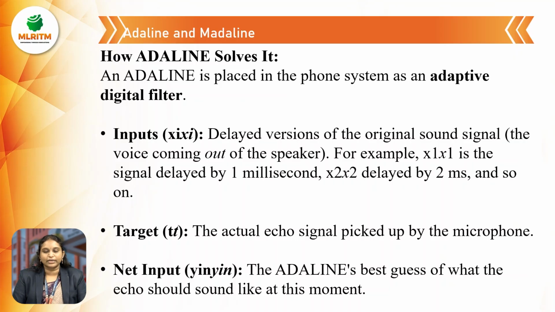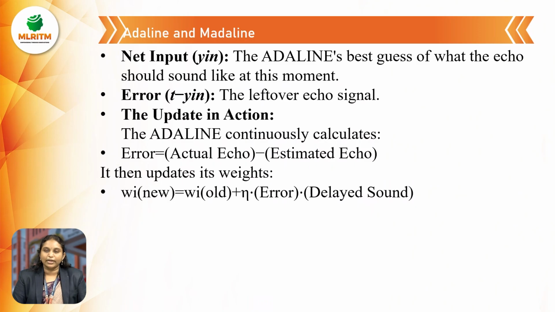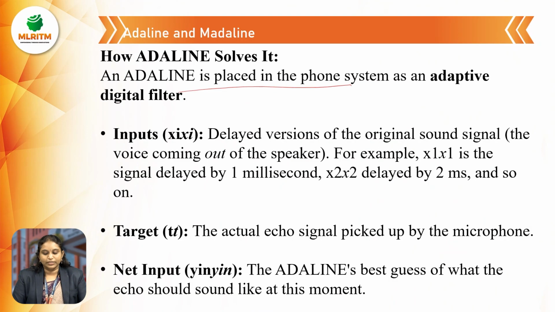How is ADALINE going to solve this? ADALINE is placed in the phone system as an adaptive digital filter. Here we take the inputs, target, net input, and error, and then update. Firstly, the inputs Xi: delayed versions of the original sound signal, the voice coming out of the speaker.